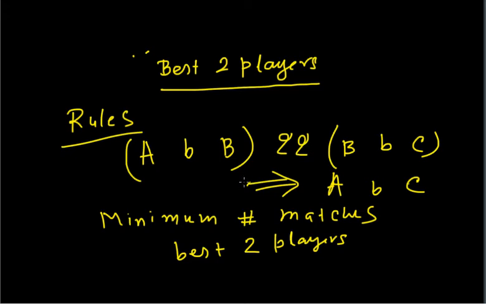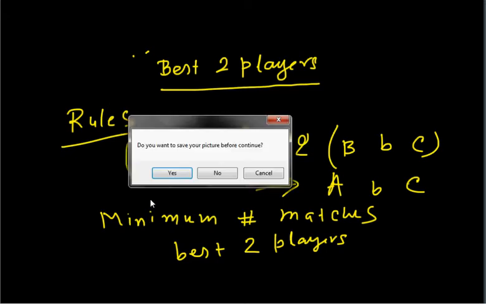There are 128 players, so 128 divided by 2 gives 64 groups.